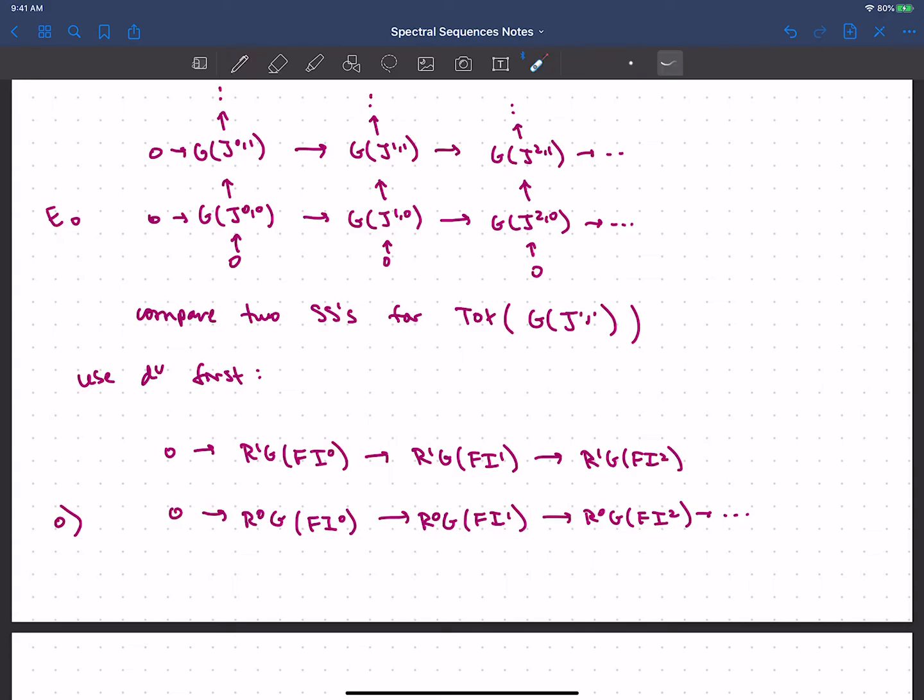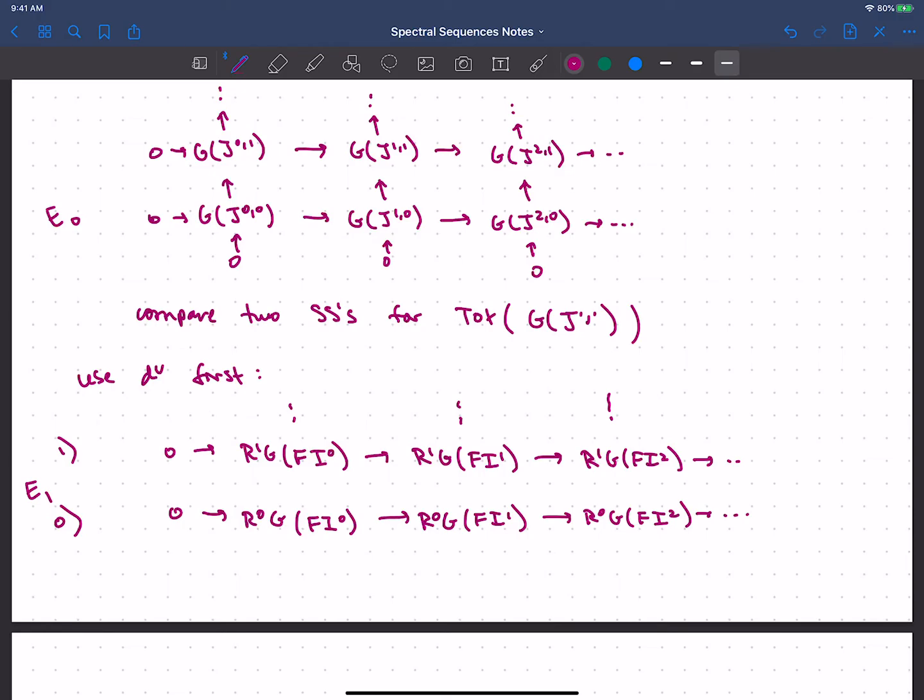As I go up, I should be seeing higher and higher right-derived functors applied to F of I0 in the first spot, F of I1 in the next spot, and so on. So this was level 1, and these continue. These are what my sequences look like on the E1 page.